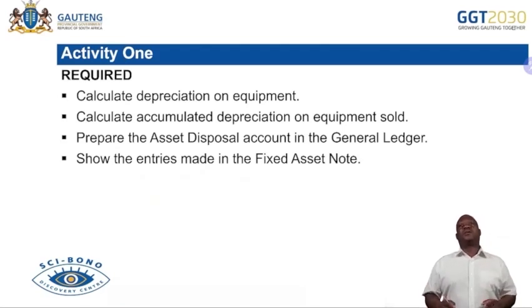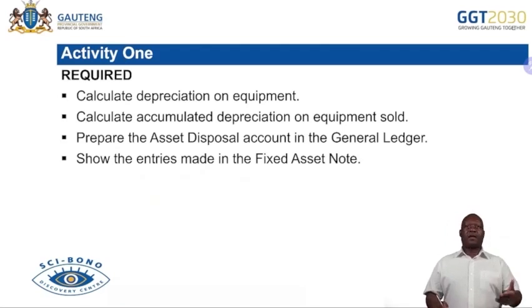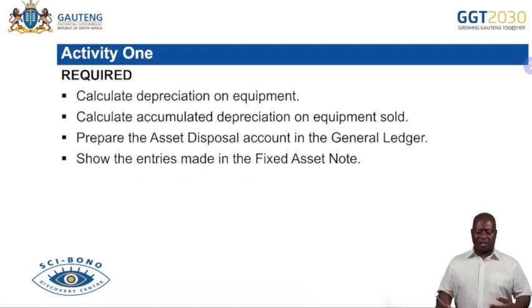Remember, we need to know how much was the accumulated depreciation of an asset before it can be disposed. This is a very important piece that is required if we are going to prepare our disposal accounts. Then the next part requires us to prepare the asset disposal account in the general ledger. And lastly, they are asking how these entries are going to appear in our fixed asset note. Remember, note number 3, the note to the financial statements.